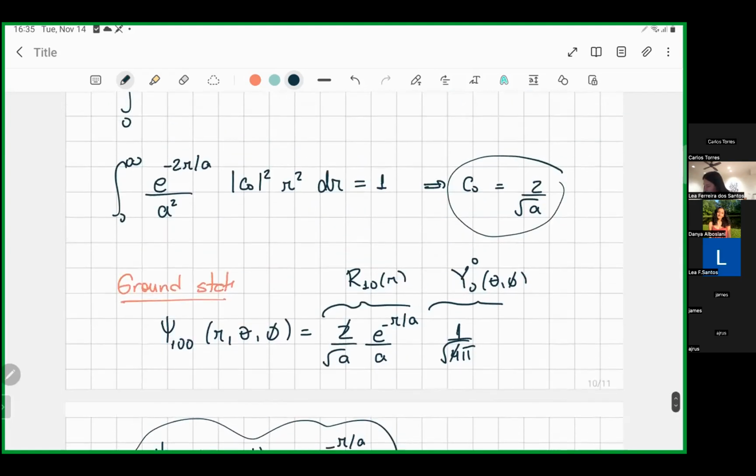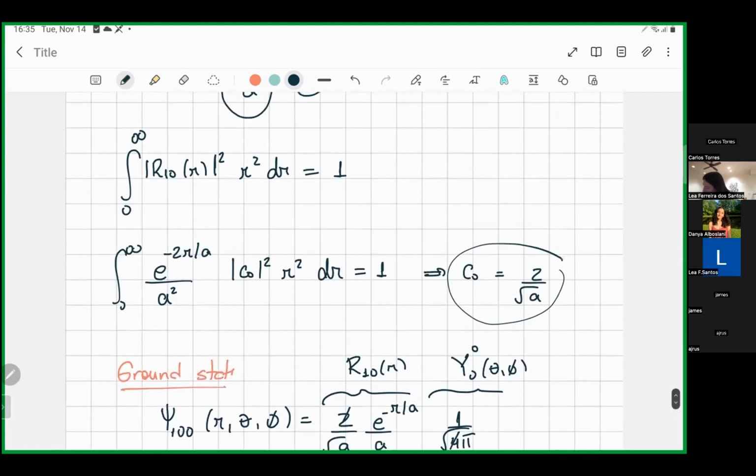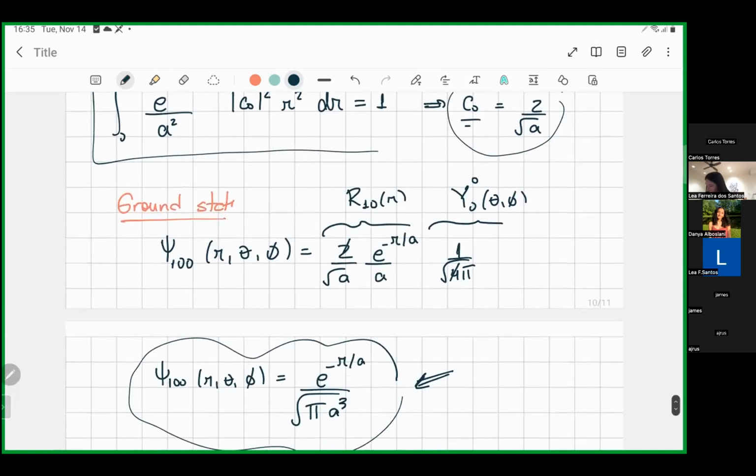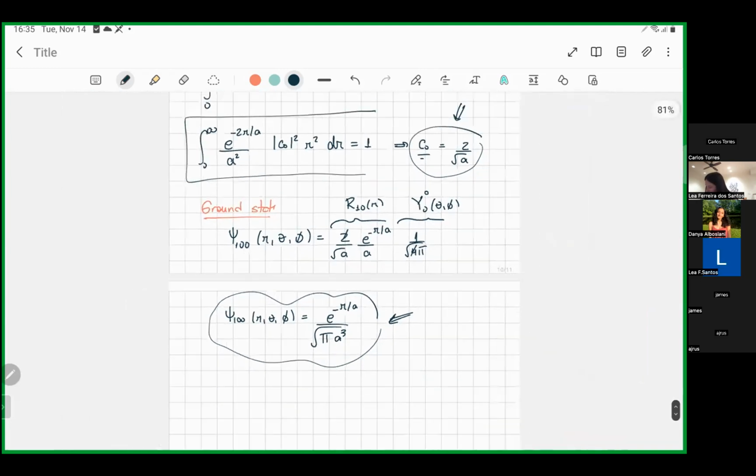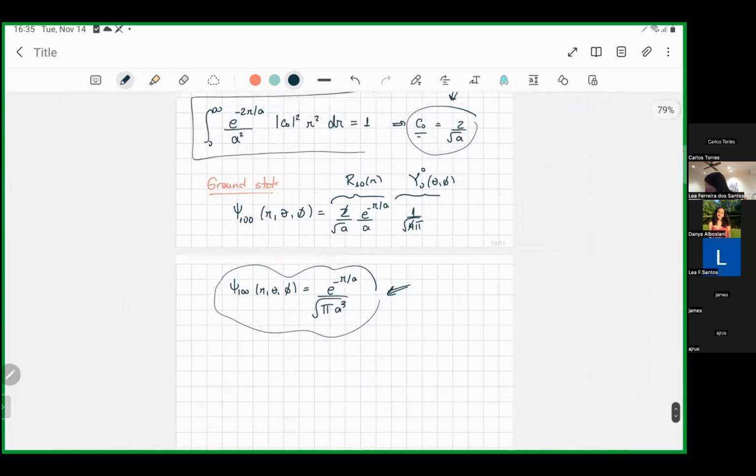Yeah? Okay, so what remains for me to show to you is how did we get this C0? We get this C0 solving this equation here, now this integral here. And how is it that we solve this integral is by parts. So I'm going to sketch this with you. Let me see if I'll just copy this below.